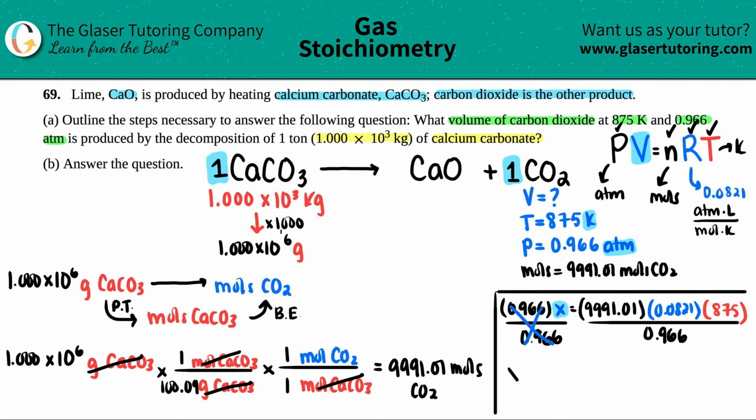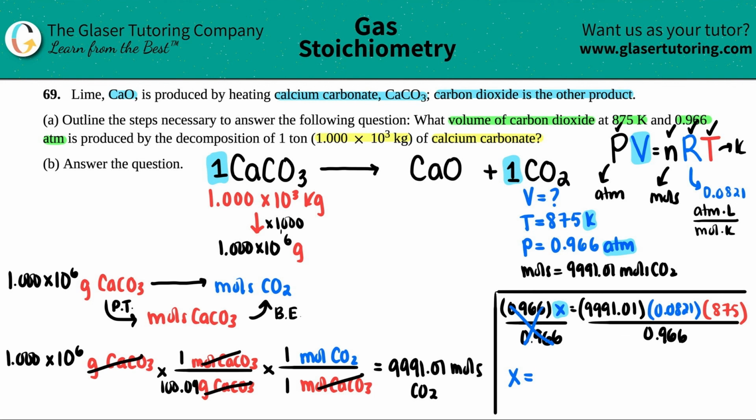And now we're going to get our answer. Maybe I'll put this in blue. So X equals, remember it's the volume of, let's see, 9991.01 times 0.0821 times 875 divided by 0.966. And now I'm looking back, I see that I have 3 sig figs as the lowest.